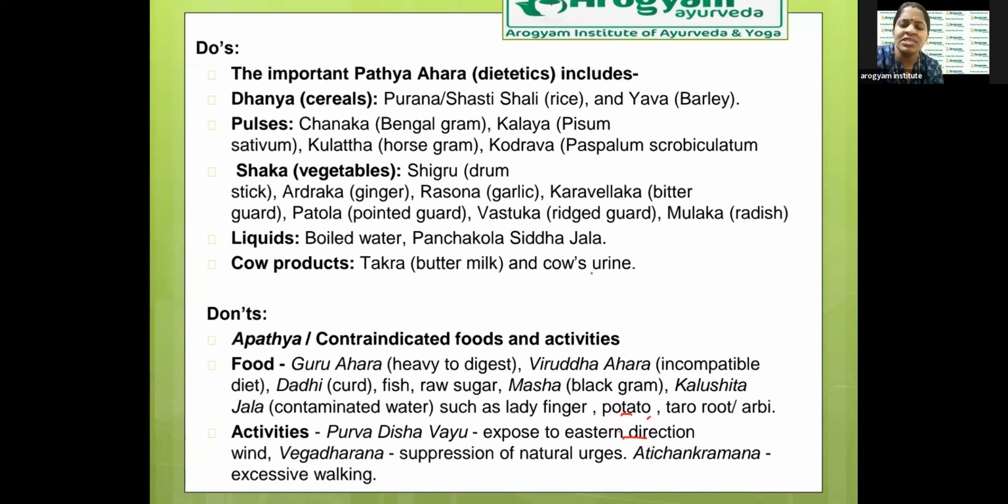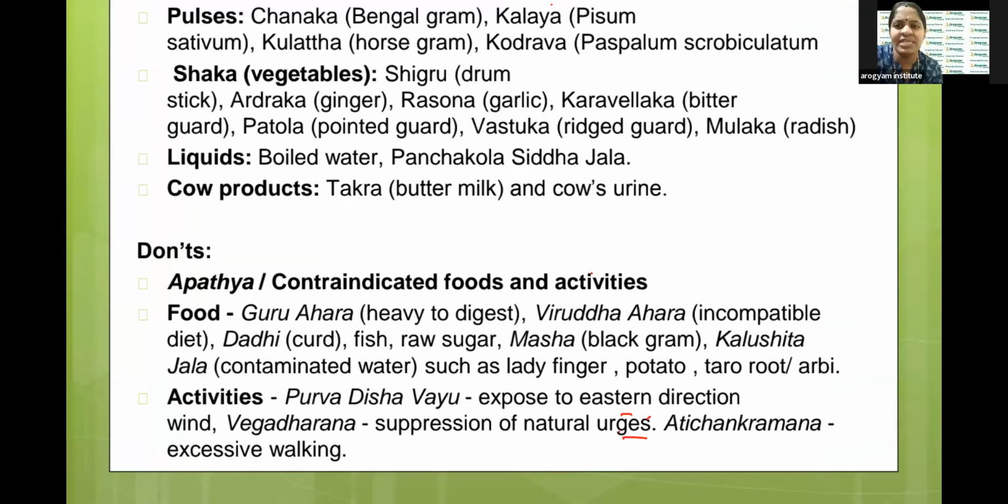Don'ts. What are the don'ts? Apathya, or contraindicated foods and activities, are heavy to digest food and incompatible diet. See, you were asking what happens if we consume incompatible food. We always take fresh fruit milkshakes, smoothies and all these, and nothing has happened till now. If you are under that notion, please take it away from your mind, because if incompatible food combination is not affecting you now, that means your Agni is good.